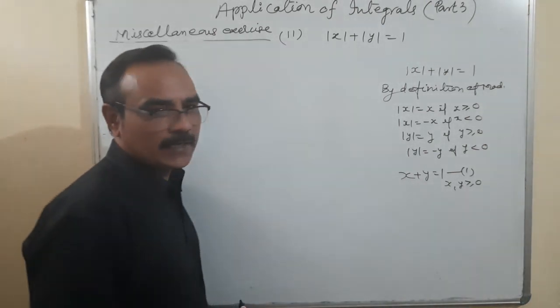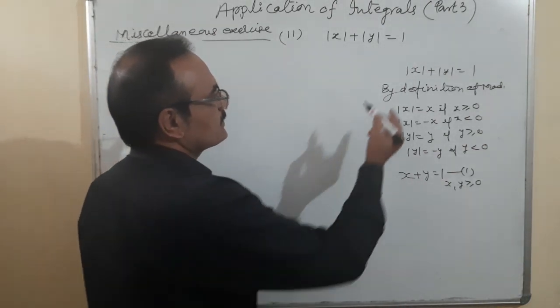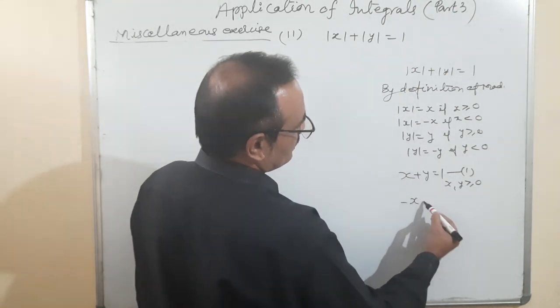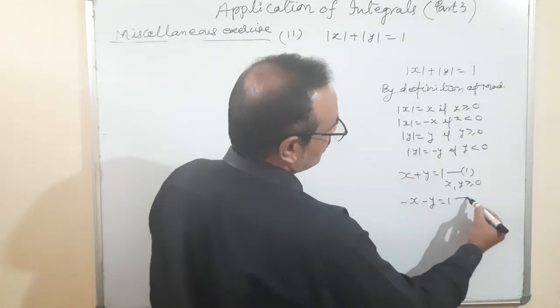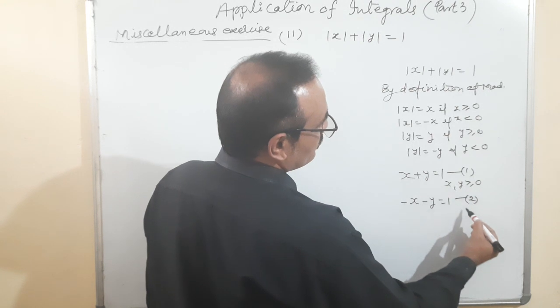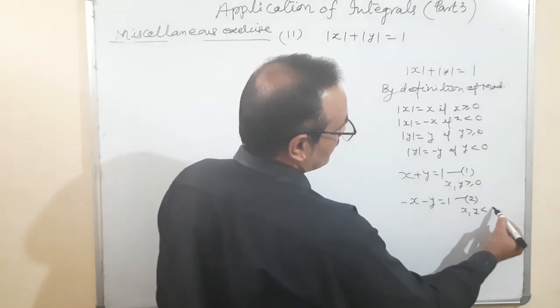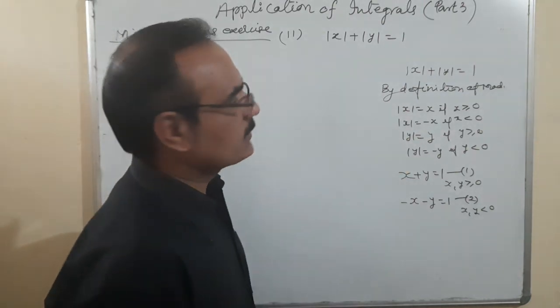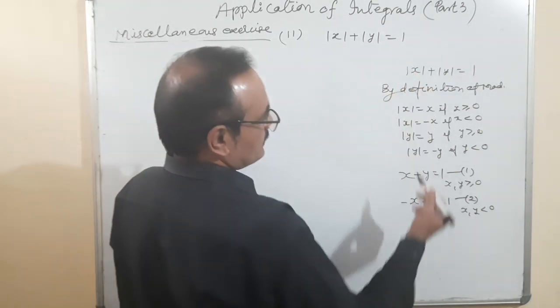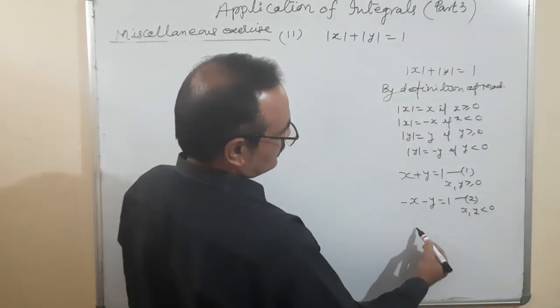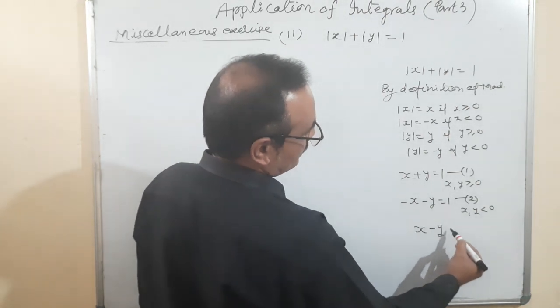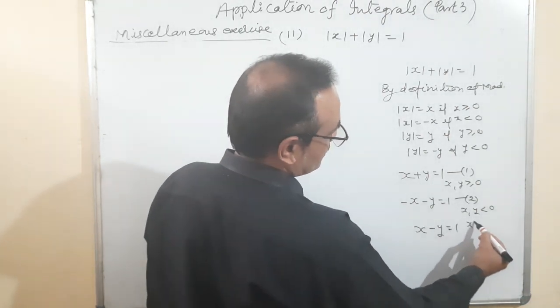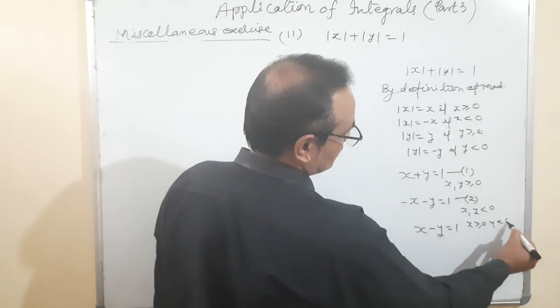Second case, minus x minus y is equal to 1, when x and y are less than 0, as per the definition of mod. Next, mod x is positive, y is negative, when x is greater or equal to 0, y is less than 0.